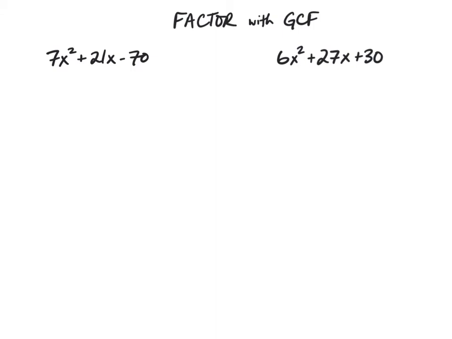Cool. That doesn't come that easily on all problems, but if we can recognize that there is a common factor, like, oh, I know that 7 goes into that 3 times, and 7 goes into 70 10 times. Now it's going to make my box method much easier.